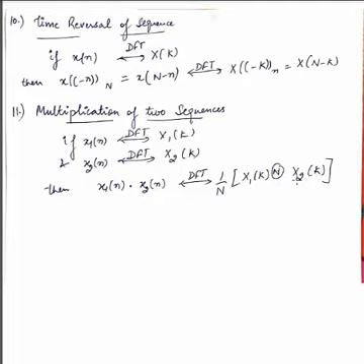It is the opposite of circular convolution. In circular convolution, the DFT of the circular convolution of 2 sequences is equal to the multiplication of their DFTs. Therefore, multiplication of 2 sequences in the time domain is equivalent to circular convolution in the frequency domain. It is all about the properties of DFT.